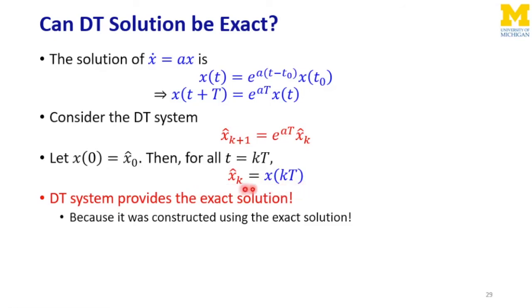So why does this happen? Well, it happens because this discrete time system was constructed using the exact solution. That's why the state of the discrete time system is exactly equal to the continuous time system. And this is a method which we can use to construct DT systems so that the solutions are exact.